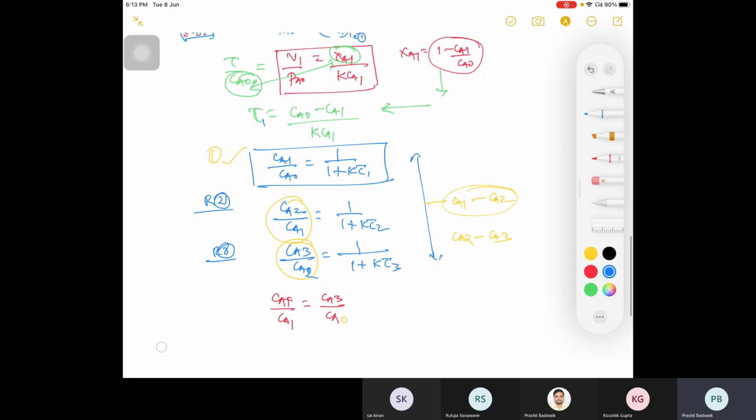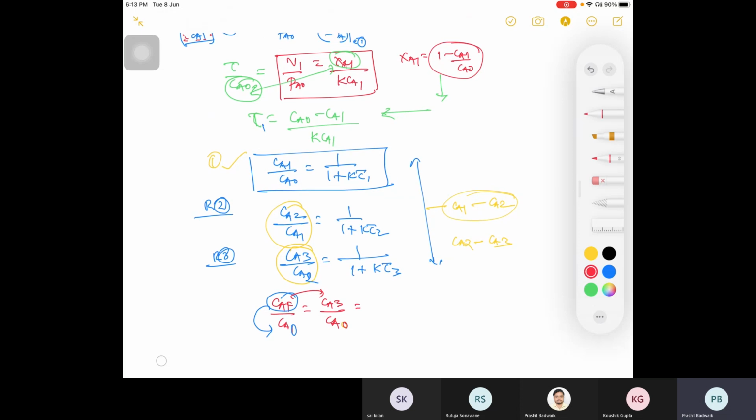And if you multiply here, you will have Ca final divided by Ca naught equal to Ca3, right? Ca final is Ca3 divided by Ca naught is equal to what? If you multiply these three equations, first, second and third, you will have 1 upon 1 plus K tau 1, 1 plus K tau 2, 1 plus K tau 3, right?